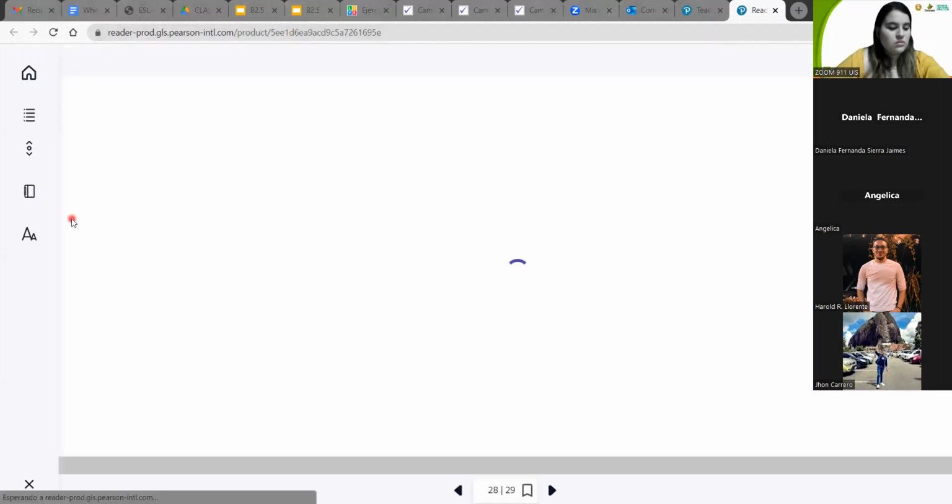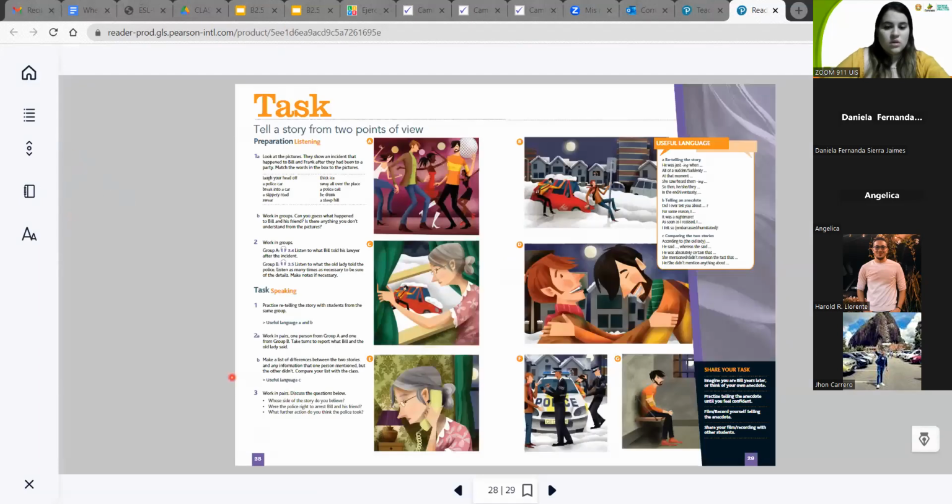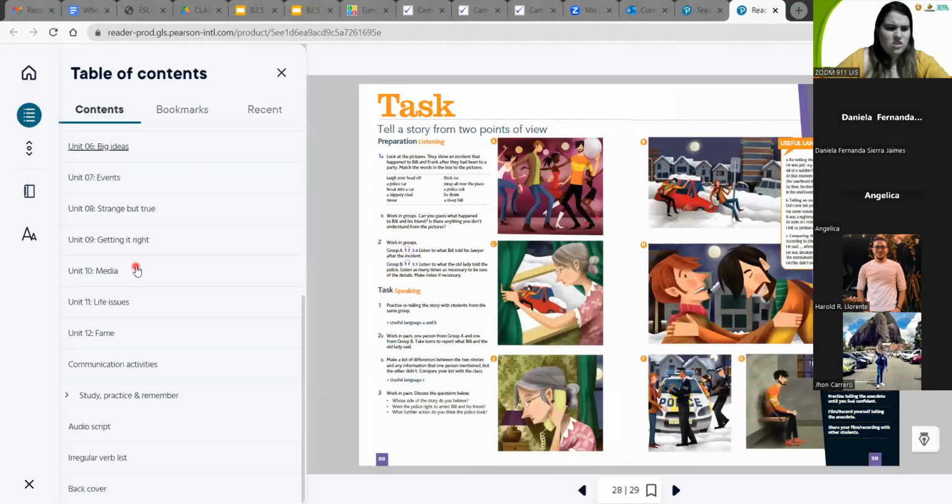Here. So we have also explanation about this, information about this. Here. So you still have access to the books, right?